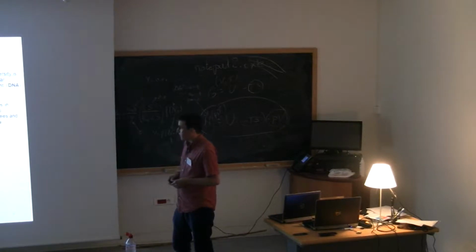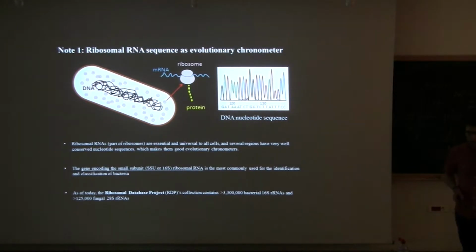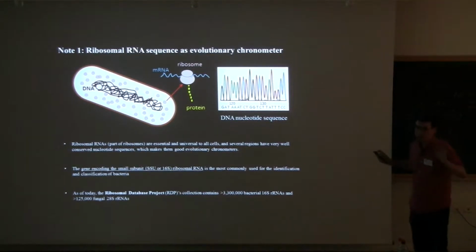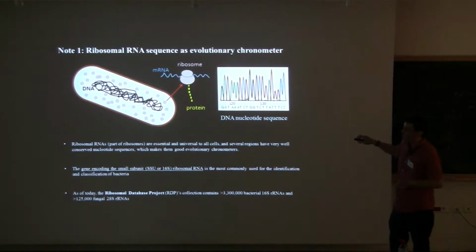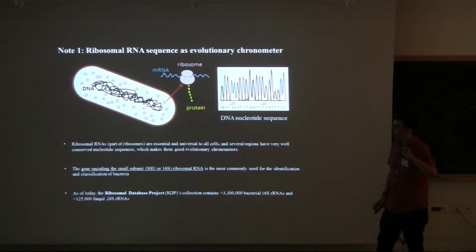And here I'm just going to introduce my first technical note, which is about how we can use certain molecules and the sequence of those molecules to predict relationships and use them as evolutionary chronometers. So that's a little cartoon showing a bacterium with its DNA. It doesn't have a nucleus, it just has a chromosome in the center. And each cell contains hundreds of thousands of those little elements called ribosomes. Ribosomes are essential to all cells because the job of the ribosome is to read the information coded in the DNA.